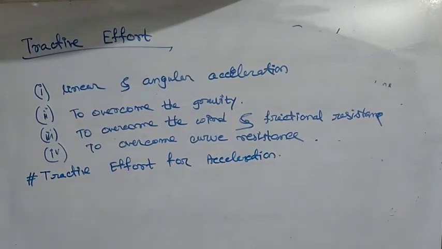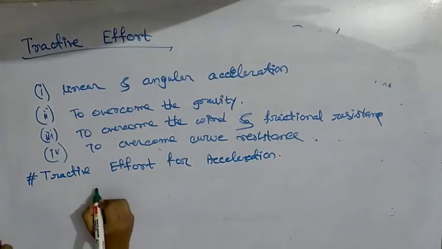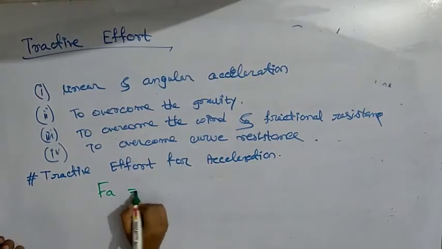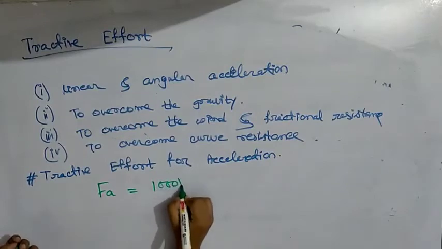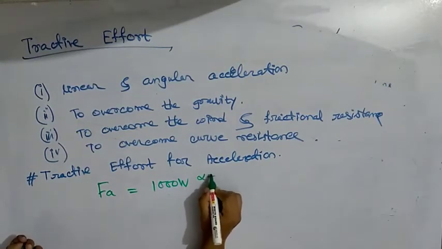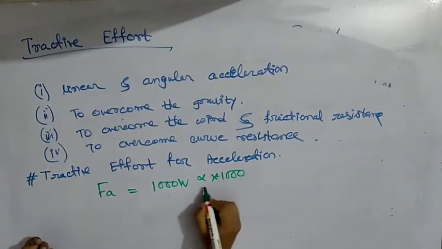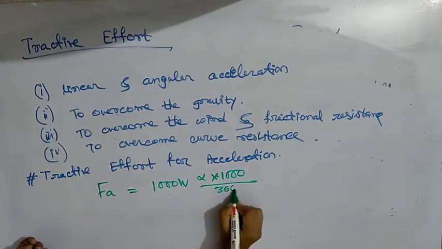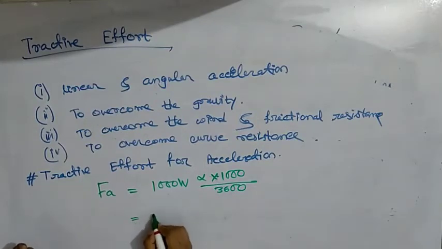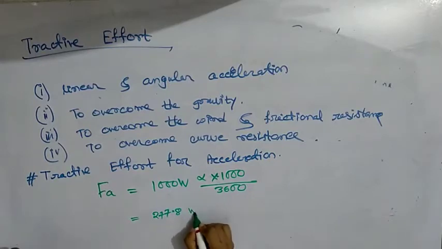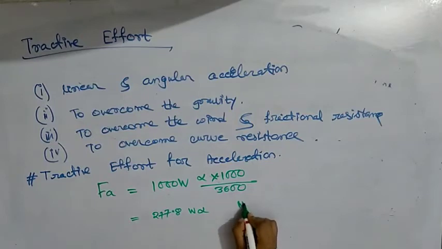Now force required to give linear acceleration to the train is given by Fa equals 1000 W into alpha into 1000 by 3600, that is 277.8 W into alpha, unit is newtons.